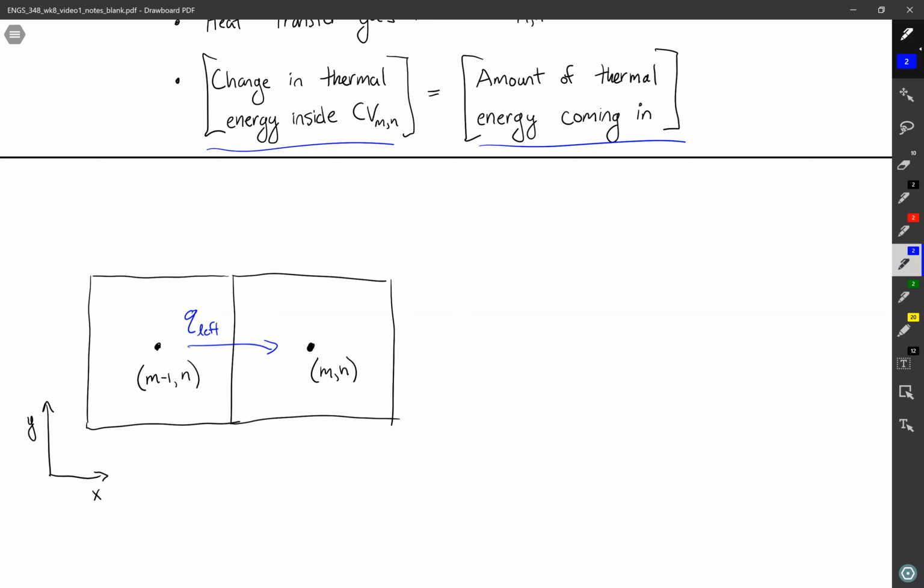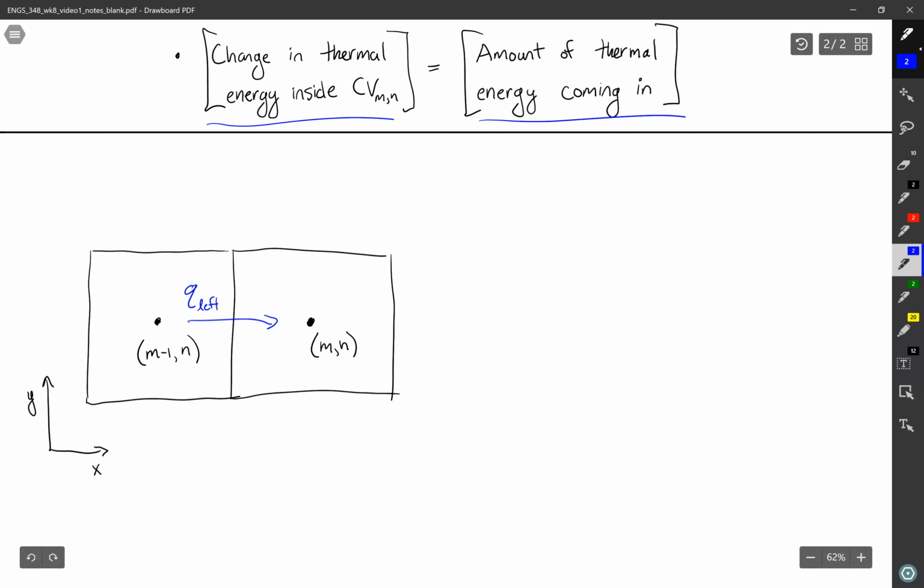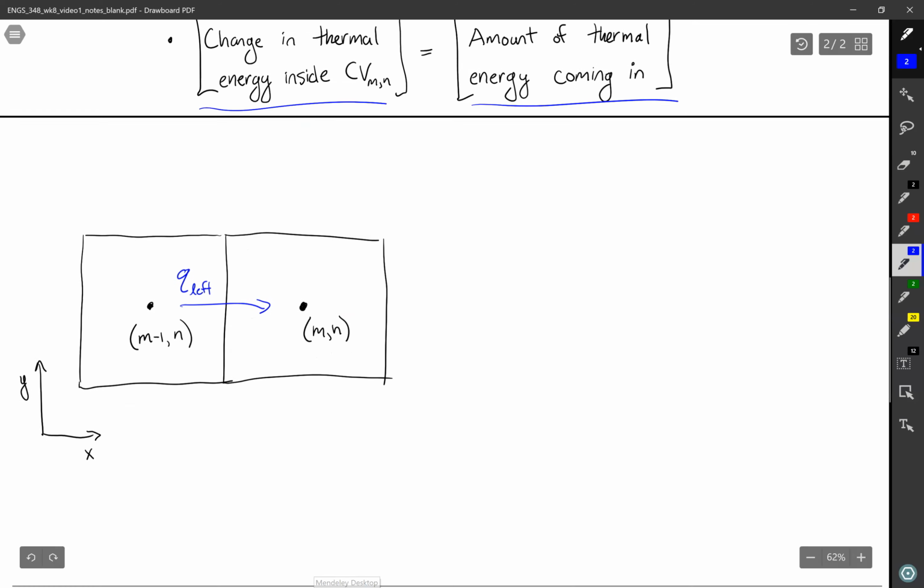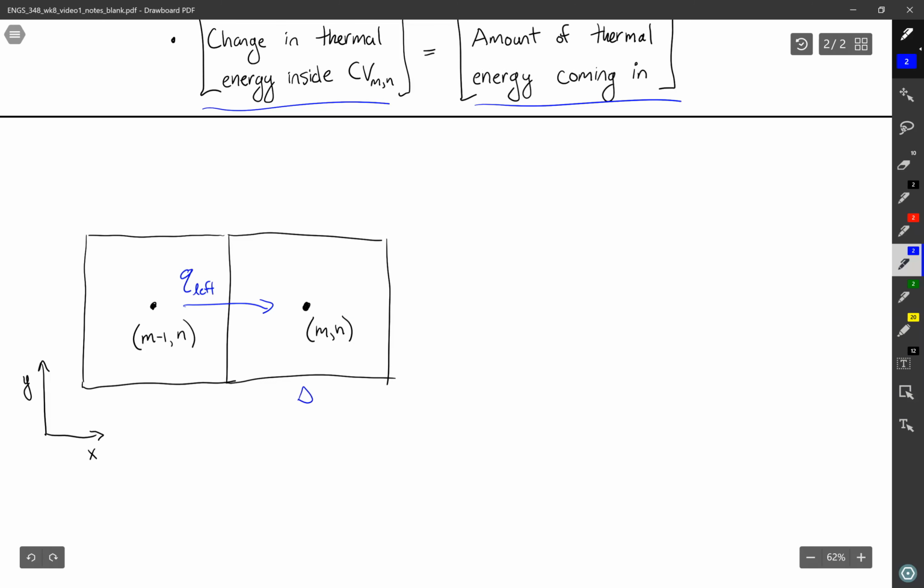That's how much heat is going from that box, T(m-1,n), into our center box, T(m,n). Just to note a couple things, this side length is delta x. This side length is delta y.